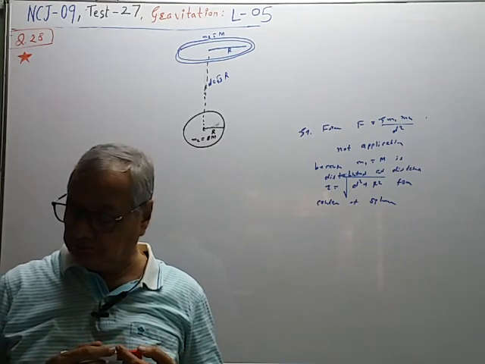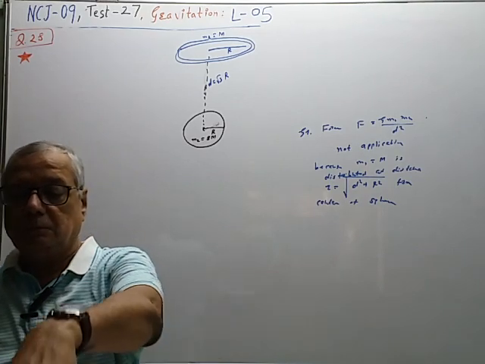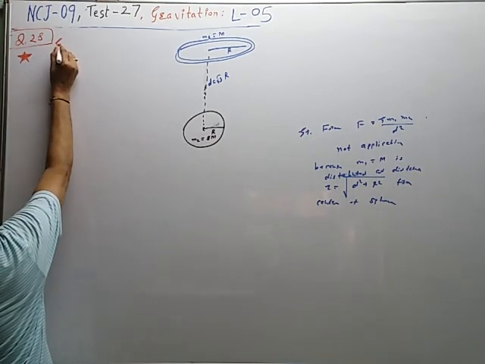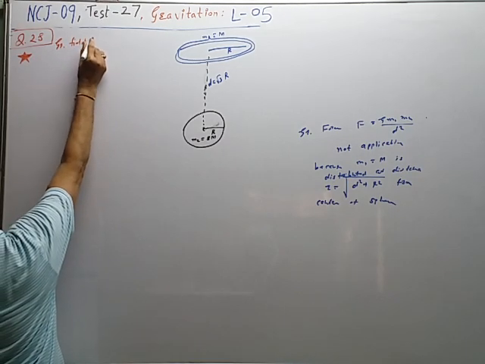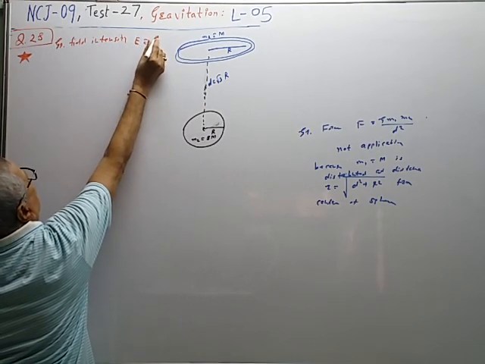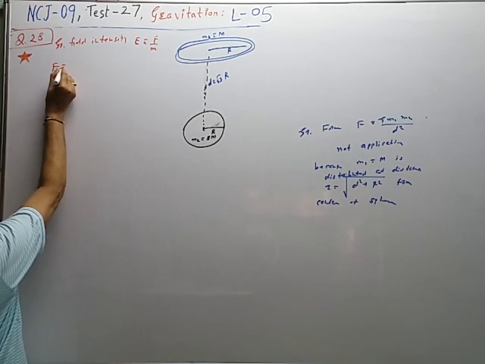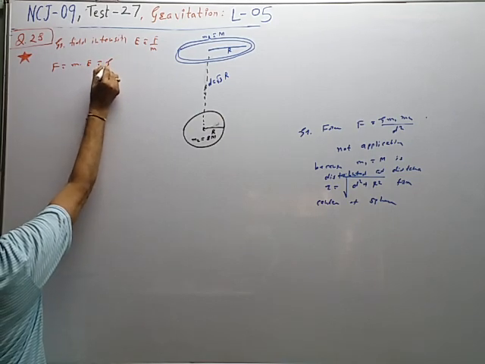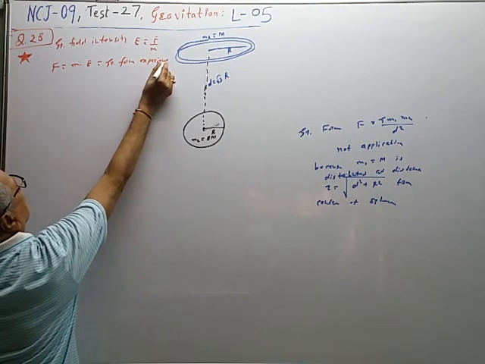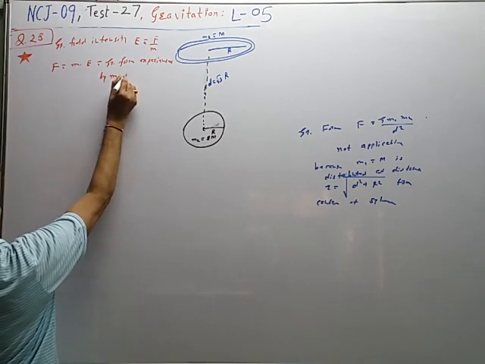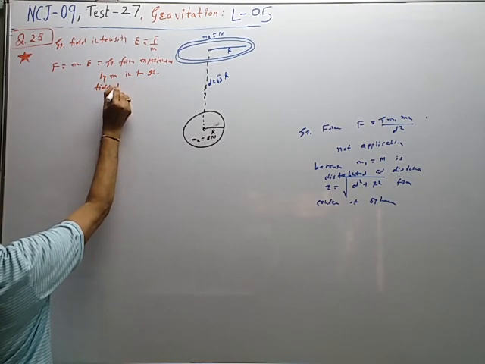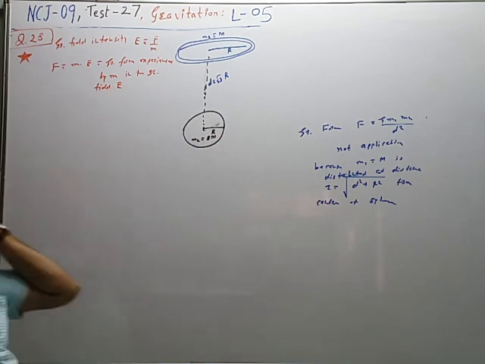So gravitational field intensity E is equal to F by M. So F is equal to M into E is equal to gravitational force experienced by M in the gravitational field E. So we have to use this relation.